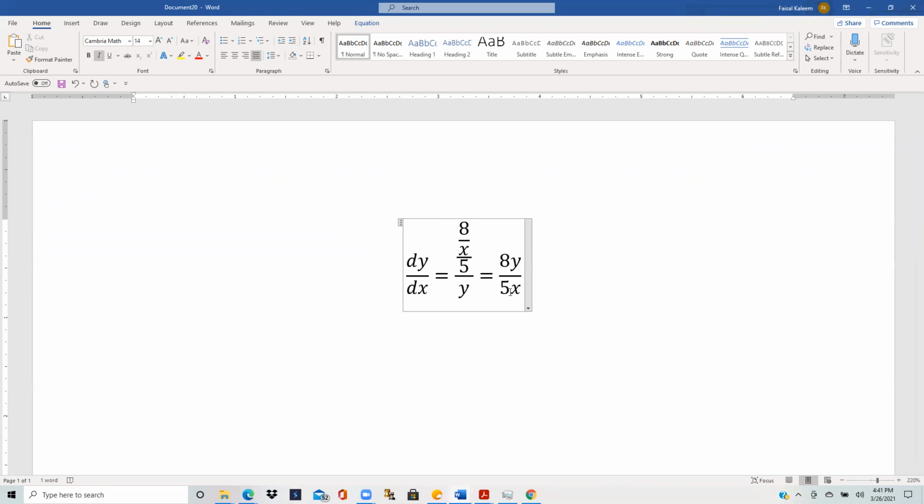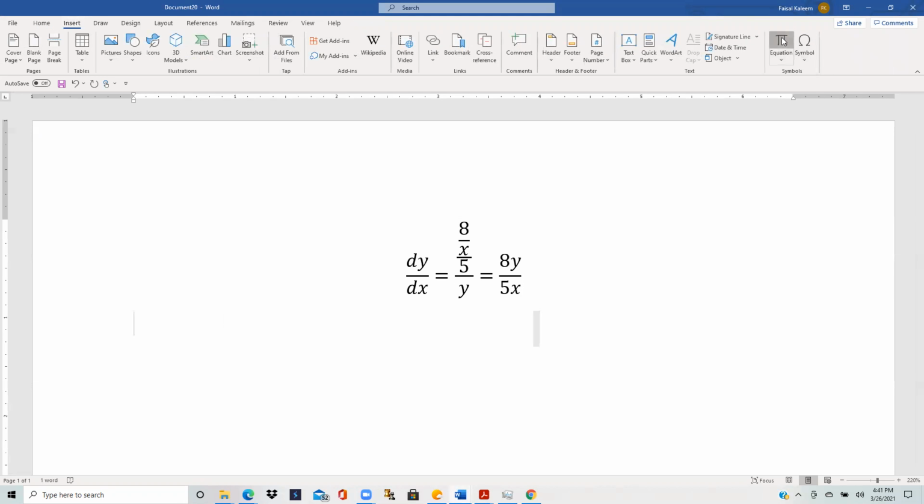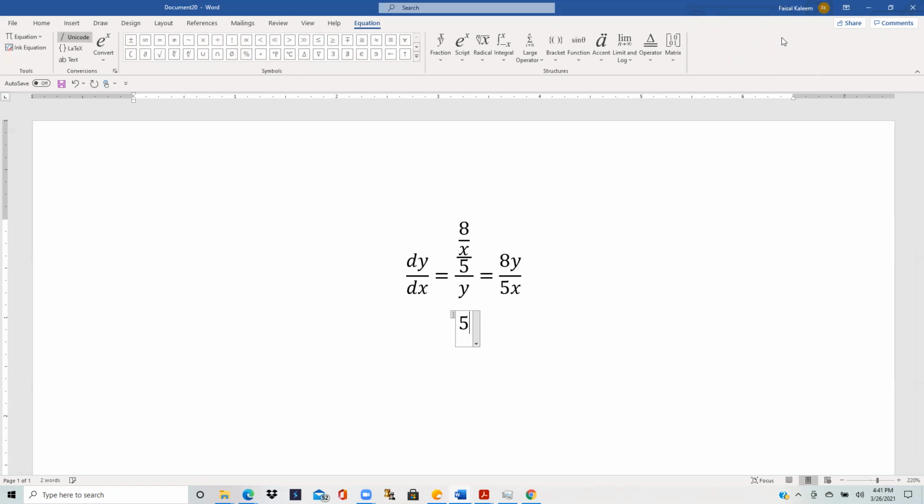And this is separation of variables. So you can bring the 5 to the left. So 5 dy over y is equal to 8 dx over x.